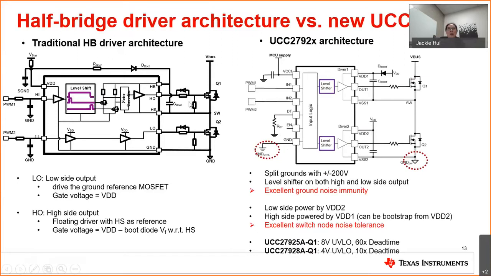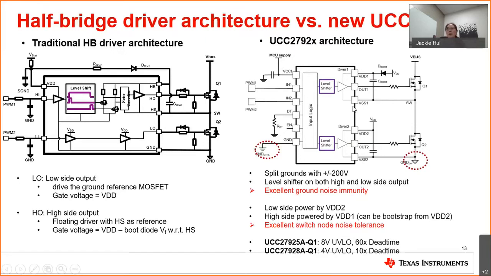Compared to a traditional half-bridge driver, where there's only one bias voltage supply pin, in this new architecture we have three separate bias pins. For the input, it is the VCC bias supply. You can simply connect it to your microcontroller or a power supply so they can share the same supply.